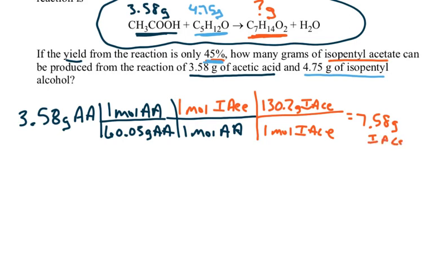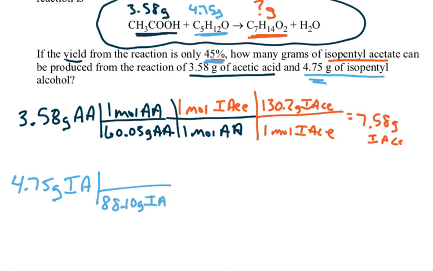Okay, now we just do the same thing from the other one. So we have 4.75 grams of isopentyl alcohol, let's just call that IA. There's 88.10 grams, I think, in 1 mole of IA.